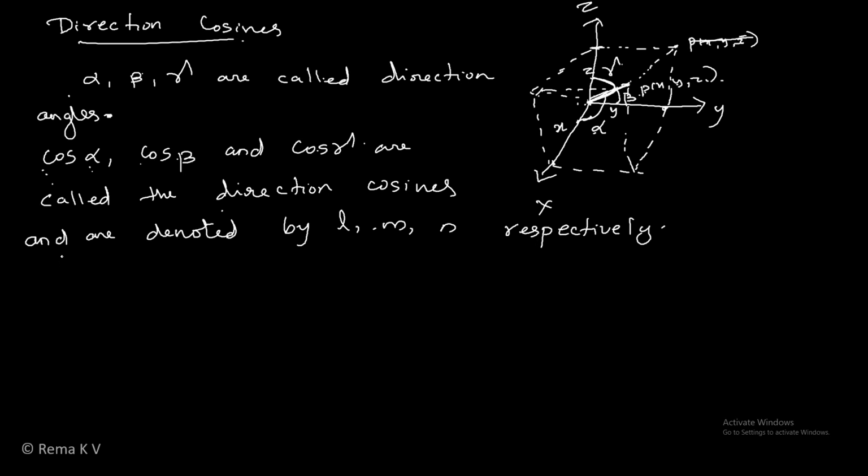Is it clear? These terms are very important and the notations also. We are denoting the direction cosines by the letters l, m and n.